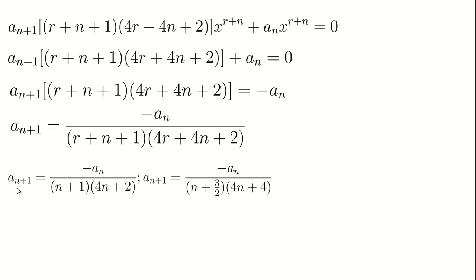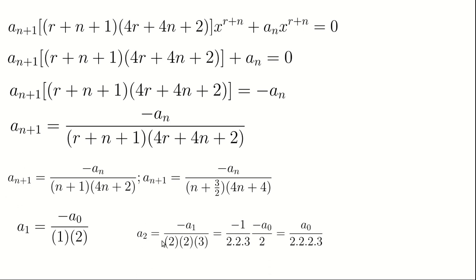So here a1 becomes equal to minus a0. If you put 0 here, it becomes 1. If you put 0 here, it becomes 2. So we can do this for a1 and a2, and let's see what our result will be. When here is 2, it means here is 1. When here is 1, here becomes 2.